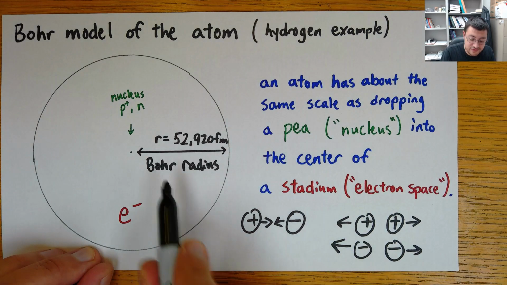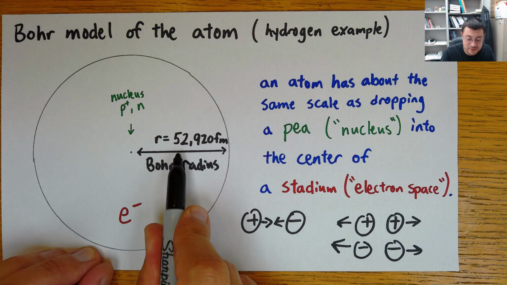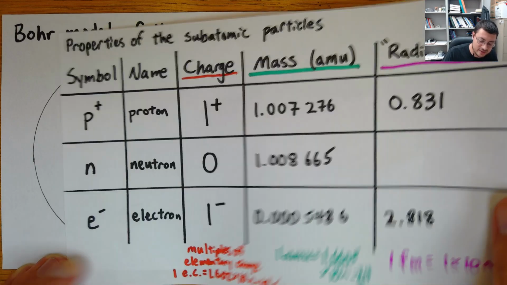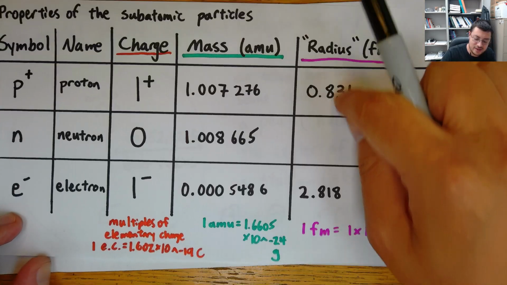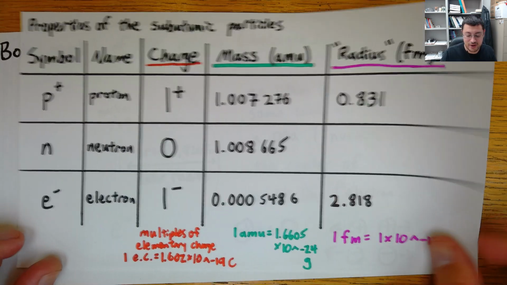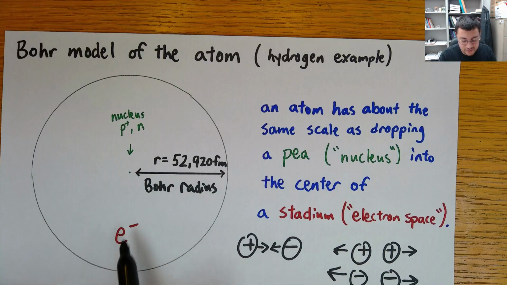Now check this out, 53,000 femtometers is that Bohr radius, compared to those really dinky femtometer distances earlier. So there is a lot of space for these electrons to be in relation to the nucleus.